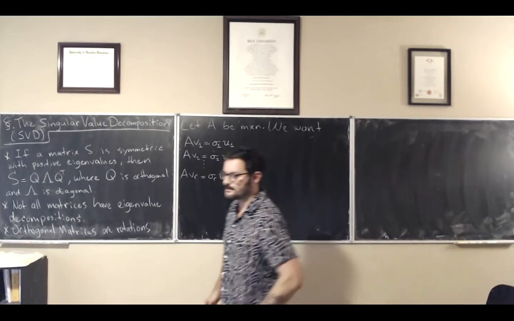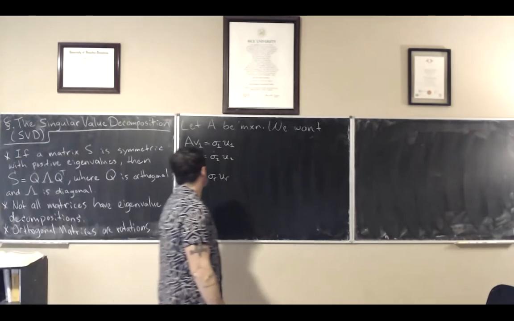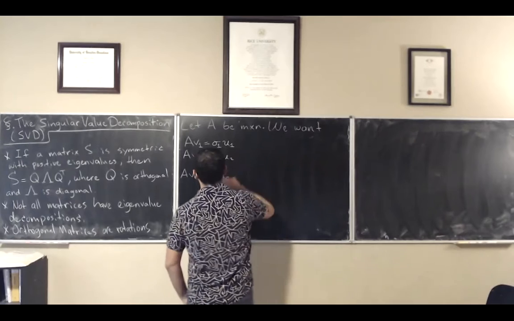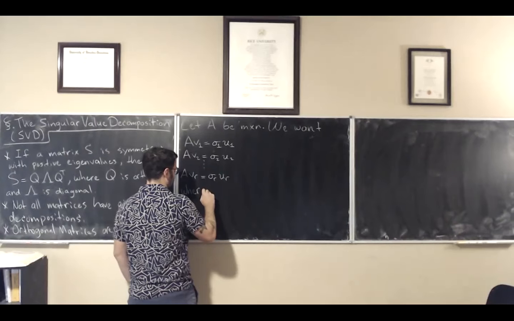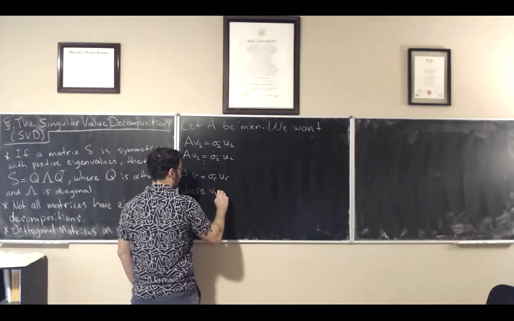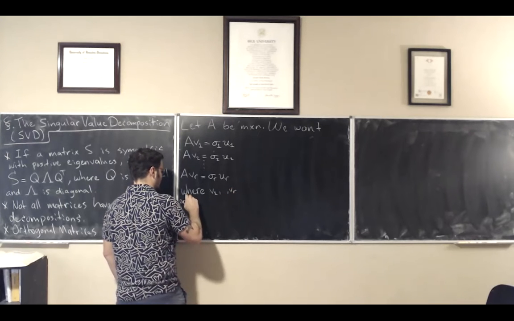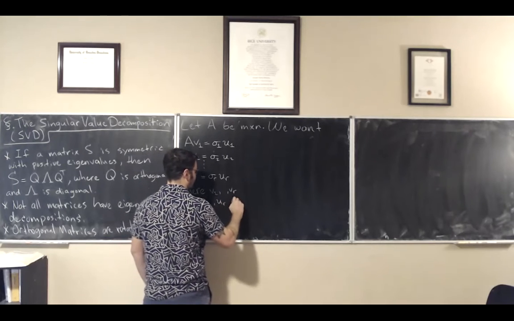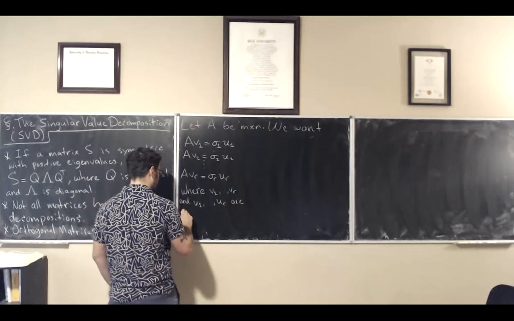It's the number of linearly independent columns. So we want this, and also, almost forgot a really important fact, V1 through VR and U1 through UR are orthonormal collections of vectors.